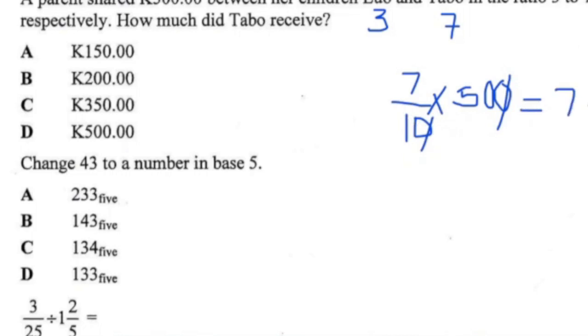We're remaining with 50, so we say 7 times 50, which gives us 350. So 350 is the share of Tabo. We check for 350, which is C. Then we go to question number 34.